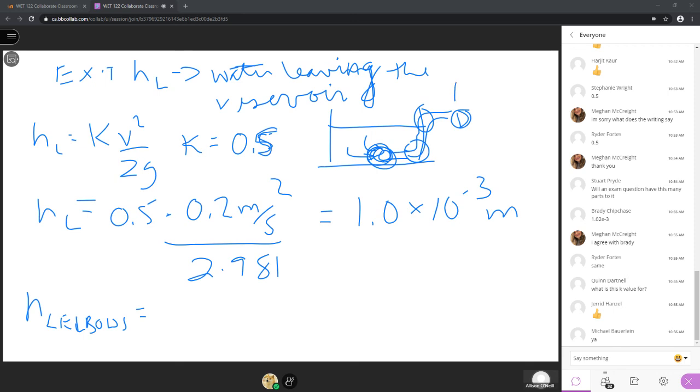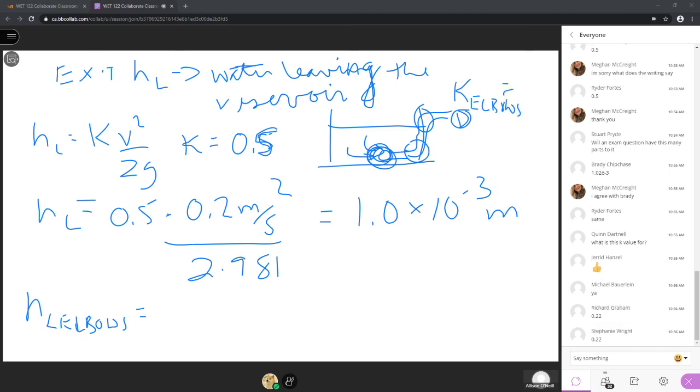The K value for the elbows is 0.22, and again we multiply by the same velocity, because it's the speed our water is moving in that particular pipe, divided by 2 times 9.81, and then we get a number, which we are going to multiply by 2 because we've got two elbows.